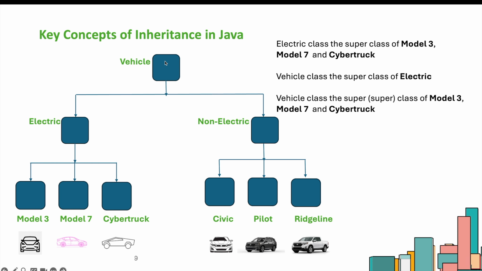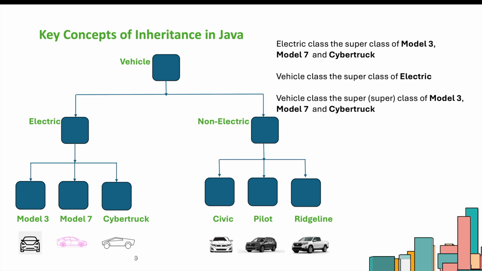It will go all the way to all the superclasses, touch them, and come back and create the configuration for Model 3. So when creating an object, every class will call super, meaning the superclass constructor, and get the behavior from the superclass and create an object for the current class.